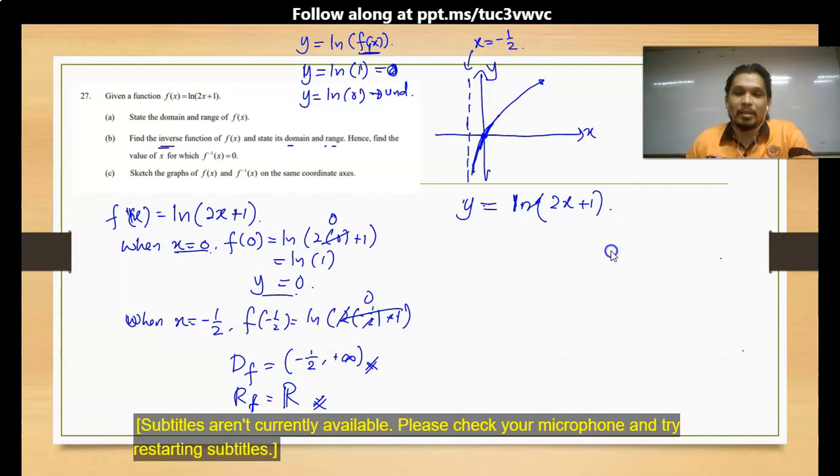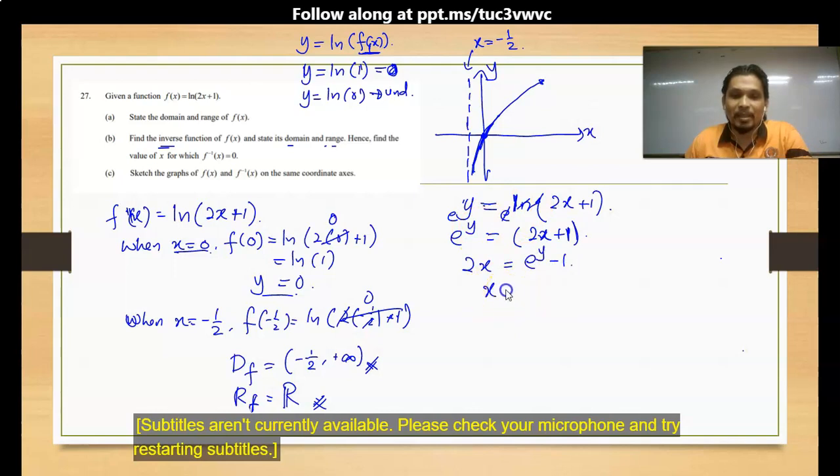Okay, so make these two an index to the constant e, Euler's constant. So you come up with e^y equals, let's make the e^y here and also here, cancel between these two, and come up with 2x plus 1. Then next, 2x equals, bring the 1 over, it becomes negative, so e to the power of y minus 1.